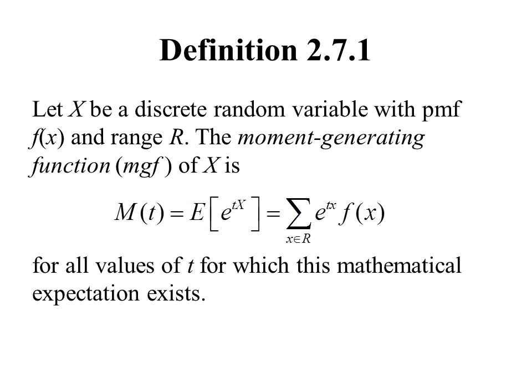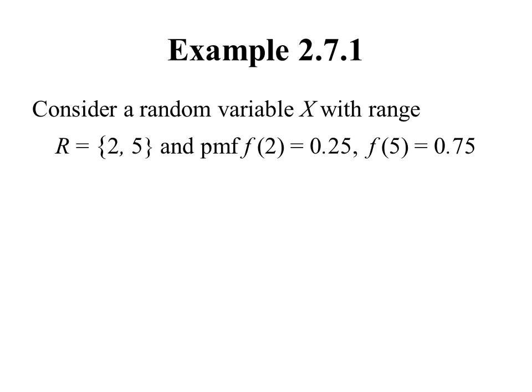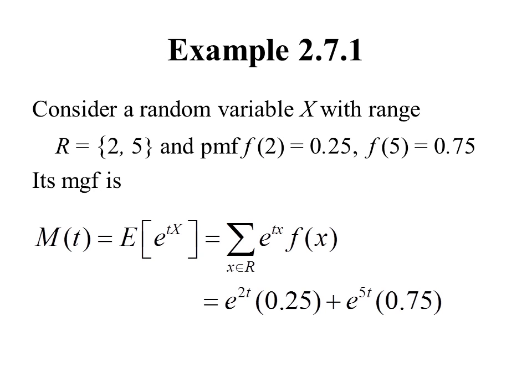So again, it looks rather scary, but let's do a simple example to illustrate how we can calculate a moment generating function. So consider a random variable X with range 2 and 5, and then here's its PMF. So a simple discrete random variable with only 2 elements in its range. So its moment generating function is, by definition, this expected value of e to the tX.